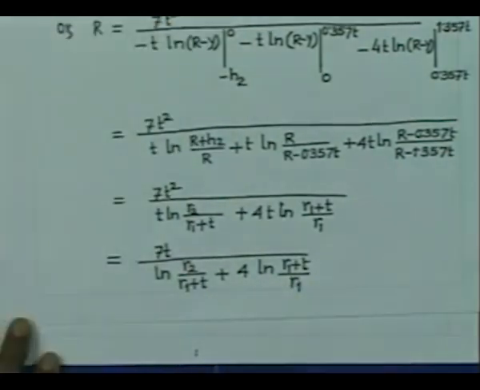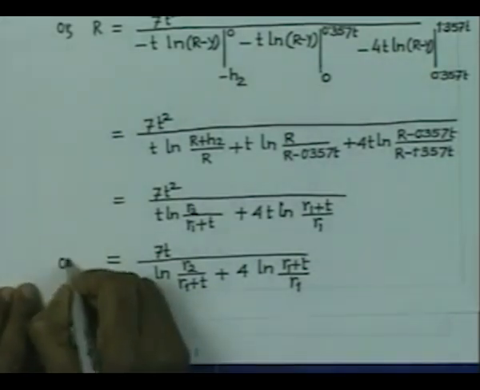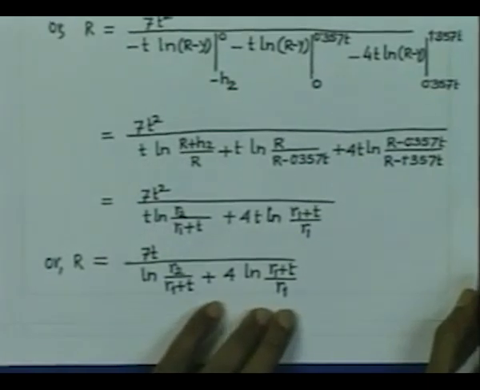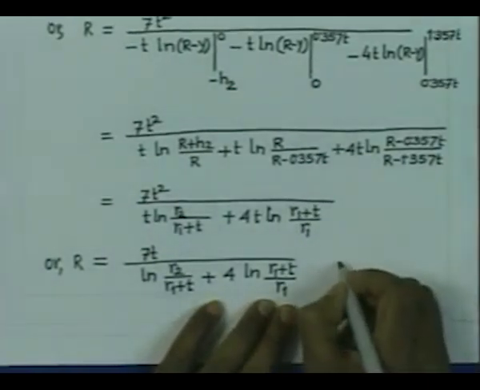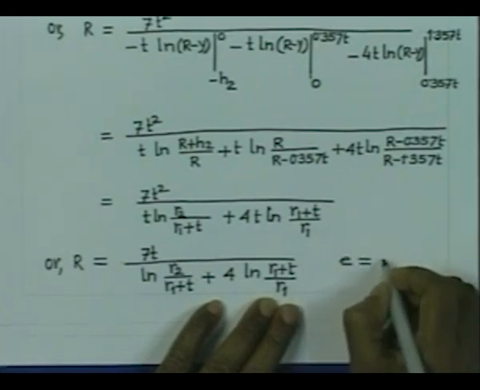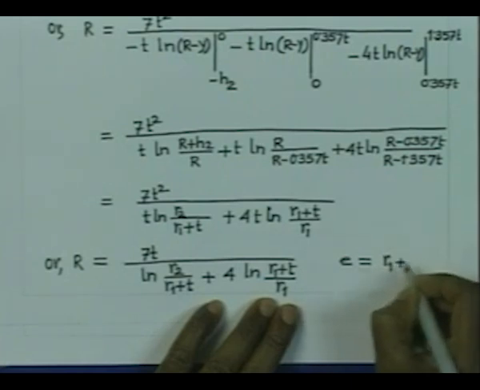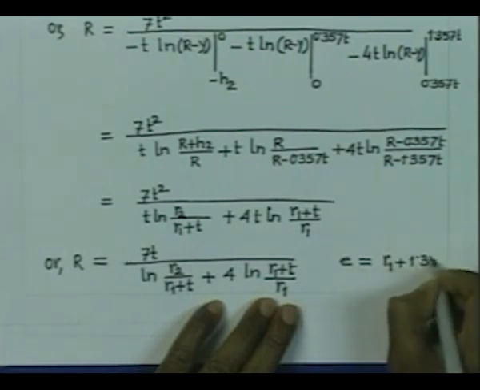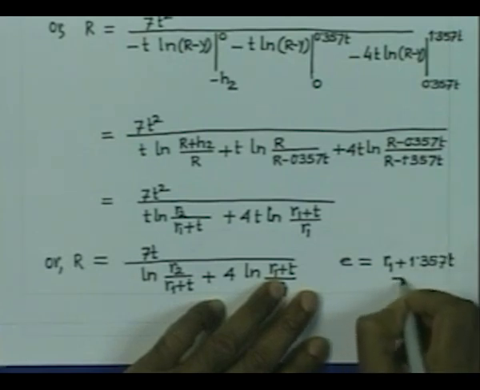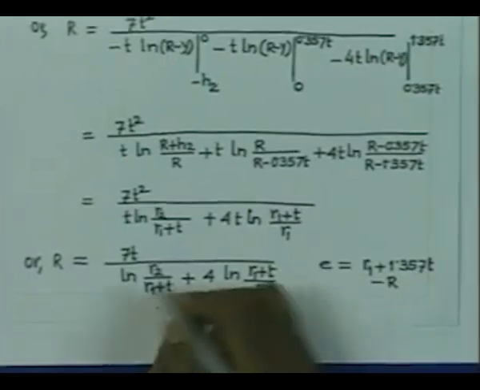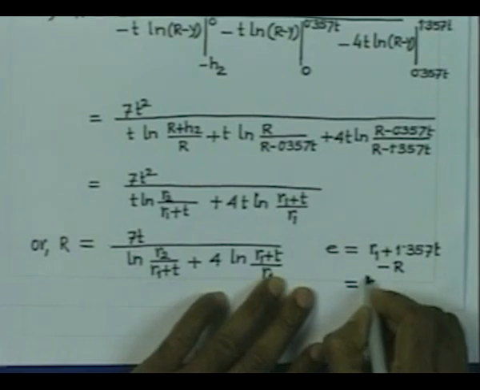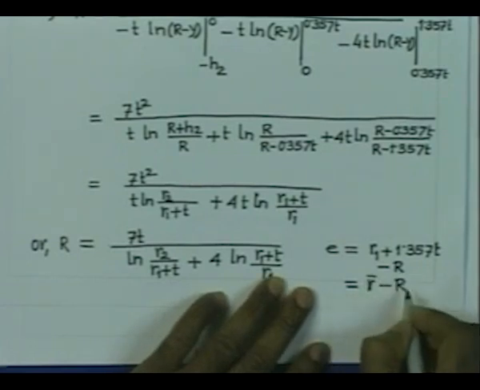So, that is the value of the radius of curvature of the cross section, and since we are interested in calculating the value of eccentricity, eccentricity is going to be given by r bar, which is nothing but r1 plus 1.357 T, minus r, and r is already here. So, if you are given explicitly the value of r bar, then this is nothing but r bar minus r.